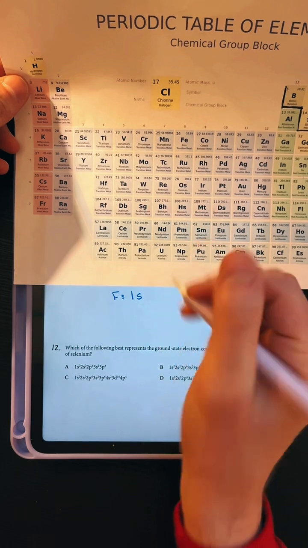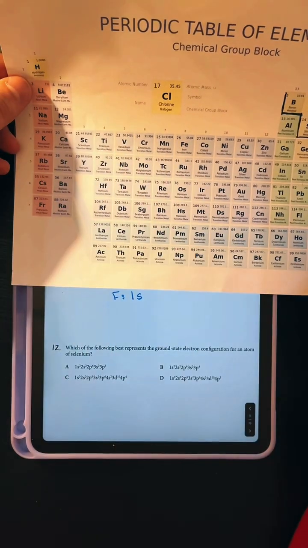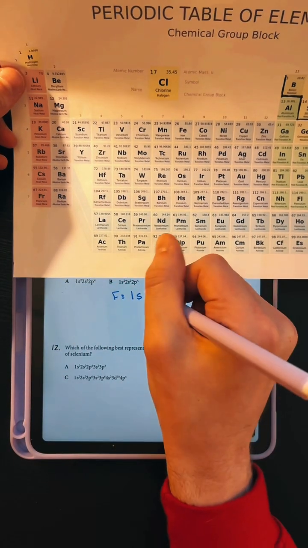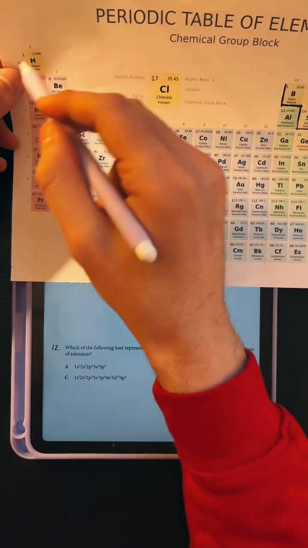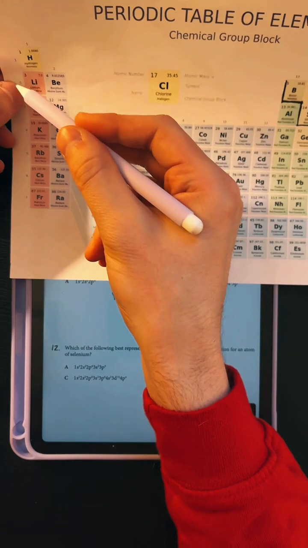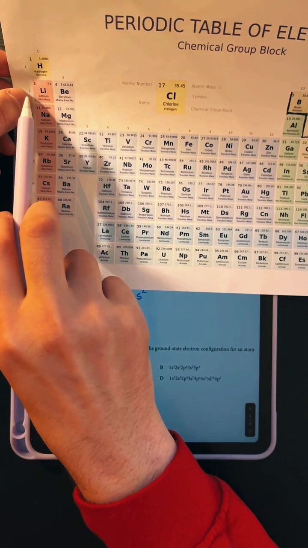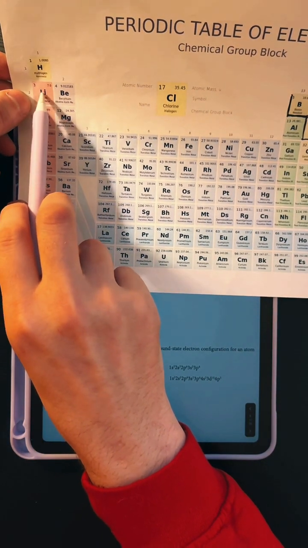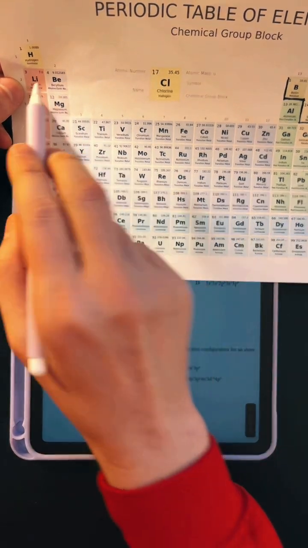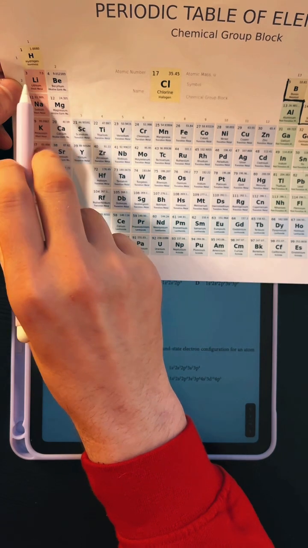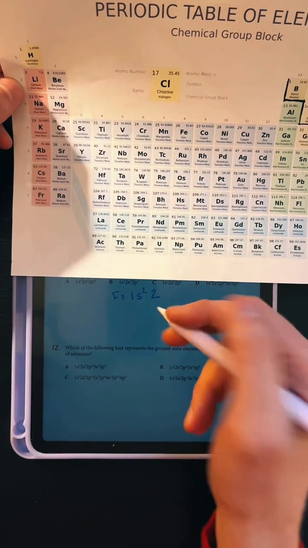So that's 1s, and we go over 1, 2. We've used both of those electrons, so we're in 1s2. Then we finish the first row and hop down to the second row, where we're in the S block.